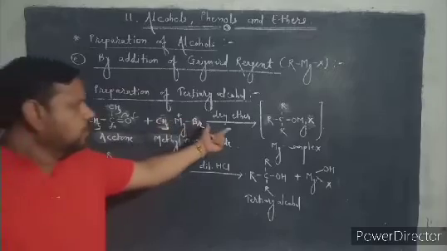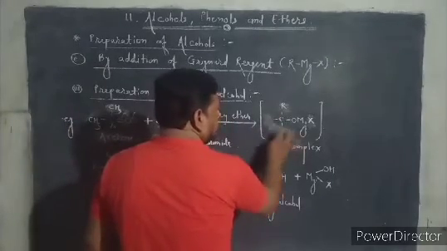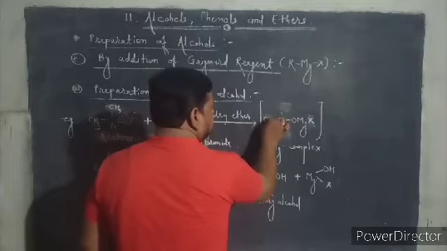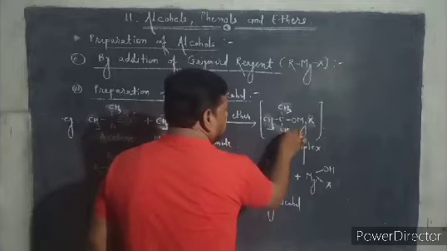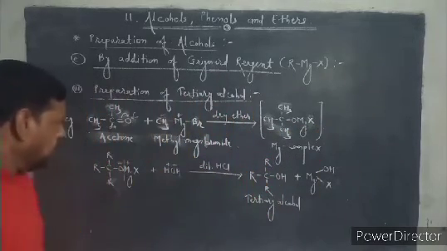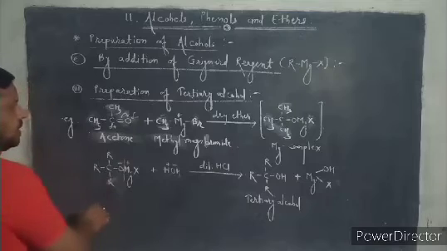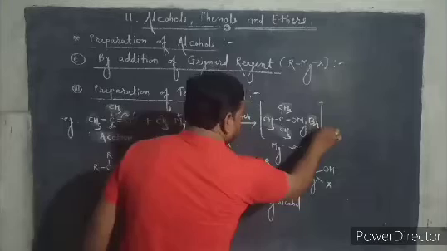In presence of dry ether, then it gives a magnesium complex, (CH3)3COMgX. Okay. Then, sorry, there is bromide.